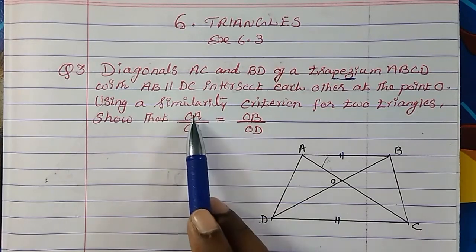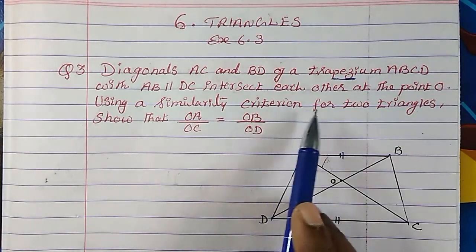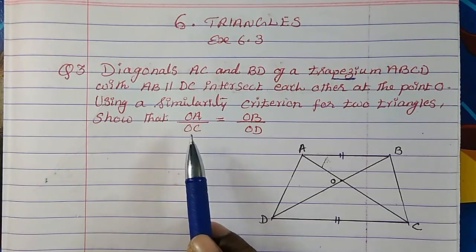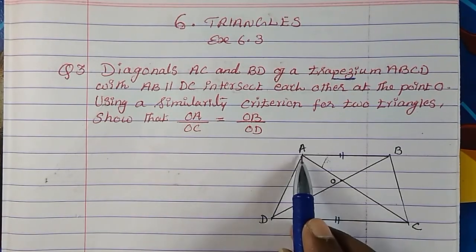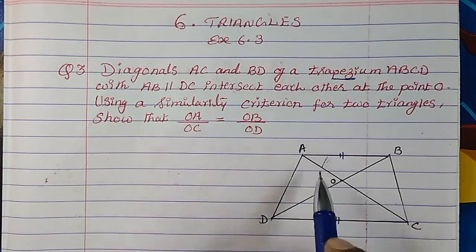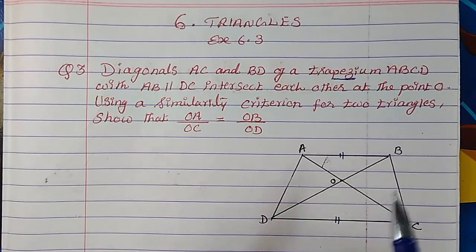Now, using a similarity criterion for two triangles, we have to prove that OA upon OC is equal to OB upon OD. So that's what we have to prove, that the ratios are equal, this side ratio and this side ratio.